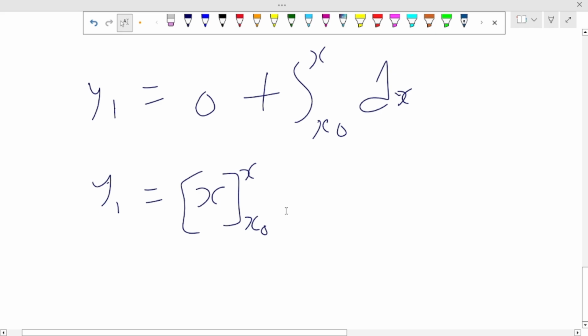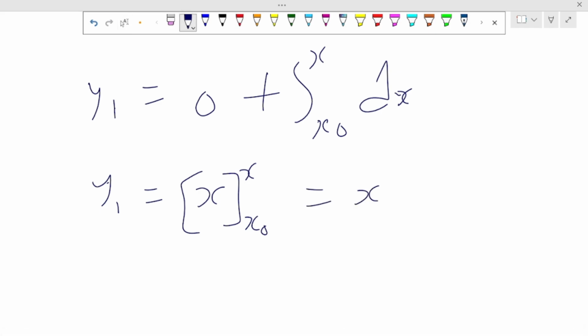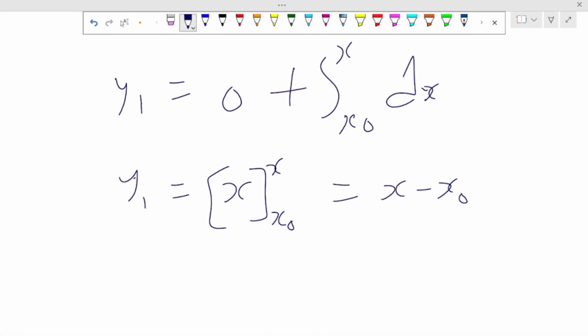And we've already seen that this will be x minus x0, but x0 there is 0, so we're going to have it as x. That means our y1 equals x. This is the first approximation.